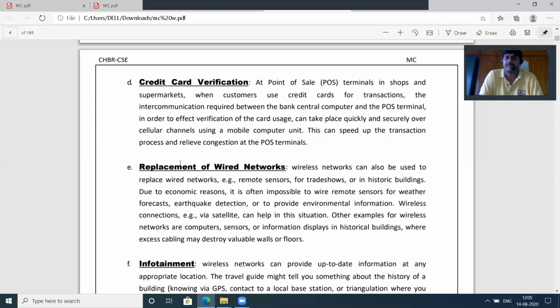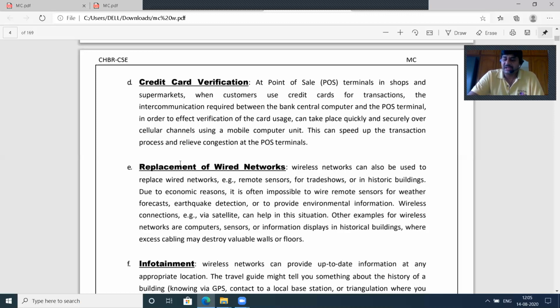Wireless connections, for example through satellite communication, can help the situation. The best examples are sensors, laptop computers, or information displays in historical buildings where excess cabling may destroy valuable walls or floors. Let me conclude this one, replacement of wired networks.